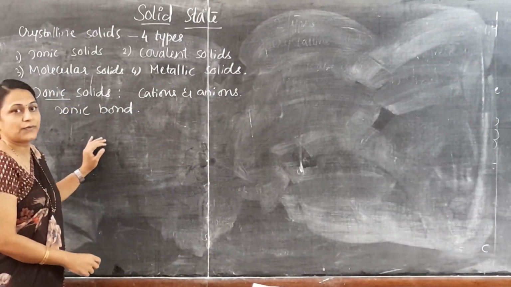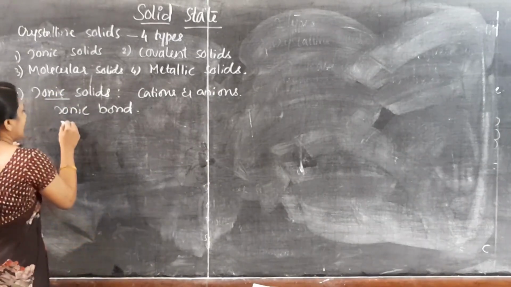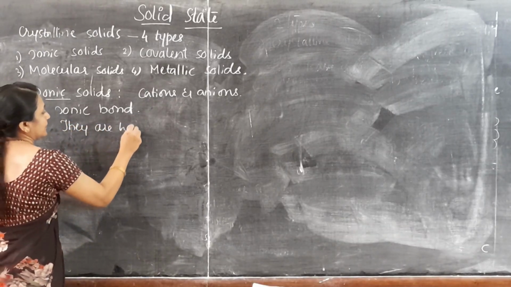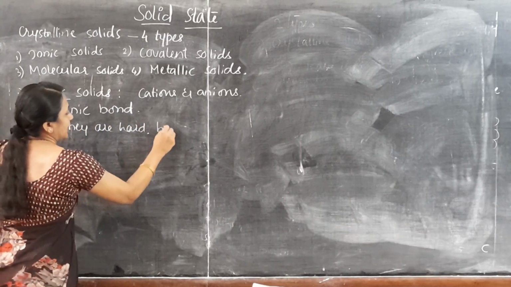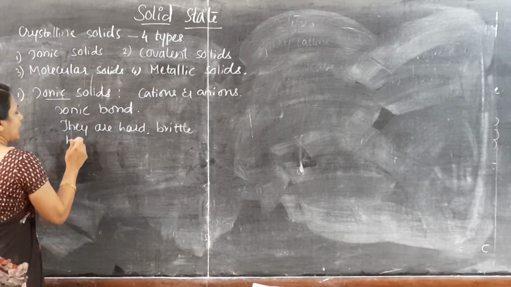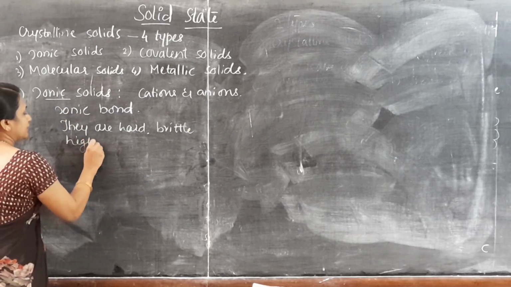A few properties of ionic solids: they are hard and brittle. They have a high melting point.